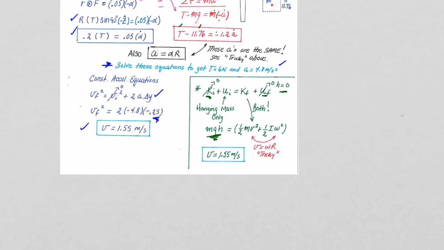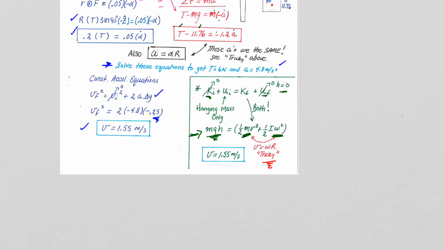And look what we have here though. We now have both translational and rotational energy in the problem. So the translational energy of the block, right, plus the rotational energy of the spinning pulley has to equal the potential energy that the block had as it's falling. So again, it's locked in place where V equals omega r.